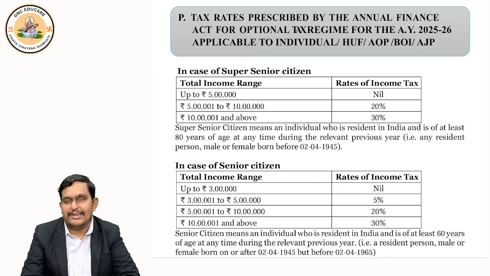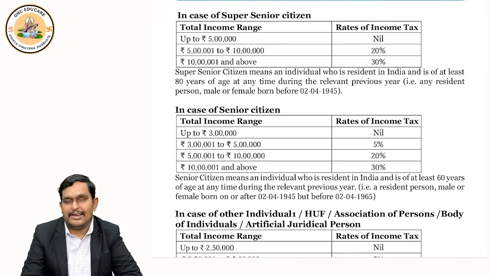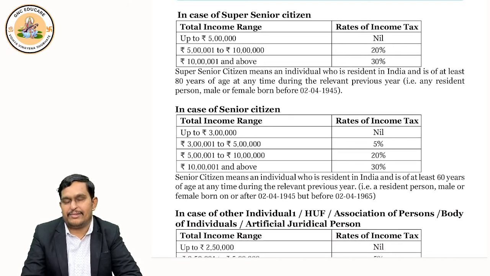Let me correct myself. If his birthday comes on 1st April 2025, still he'll get the benefit of the higher exemption in the tax rate.